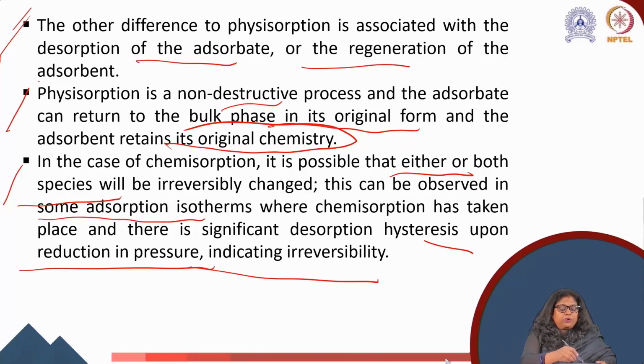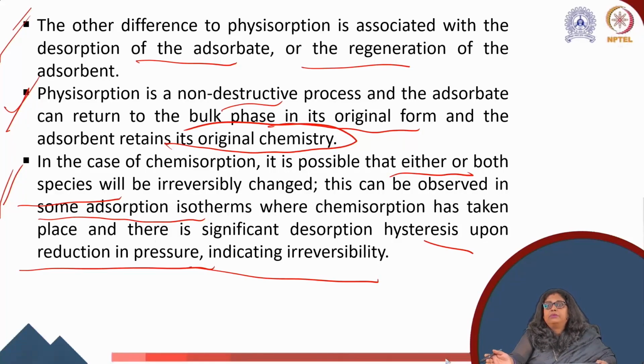So this is the characteristic of physisorption and chemisorption. In gist, physisorption is a non-destructive process and the adsorbate can return to the bulk phase in its original form, and the adsorbent retains its original chemistry, but this is not the case with chemisorption, where there is a chance of irreversibility.